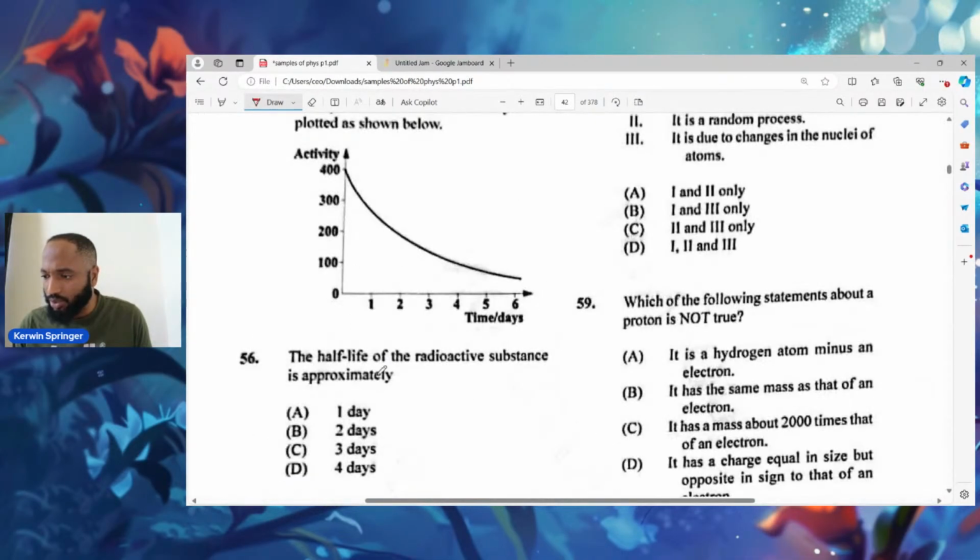We're coming down to our close. The half-life of the radioactive substance is approximately, all right, from 400 to 200, 2 days. 200 to 100, 2 days. 300 to 150, 2 days again. So approximately 2 days.